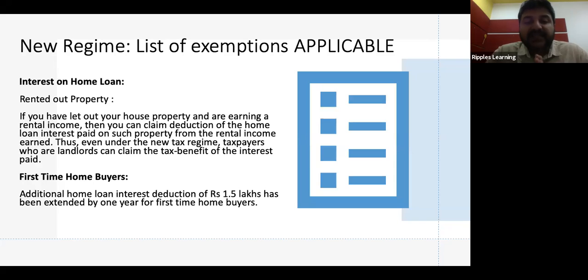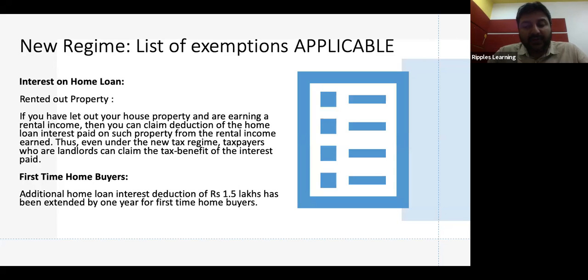And for first time house buyers, home loan interest of up to 1.5 lakh as exemption has been extended for the next financial year. So that also has been done, right? So you cannot claim 80C, which means principal of home loan you cannot claim.